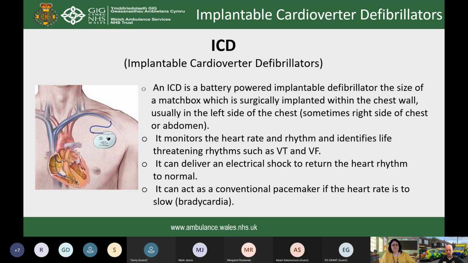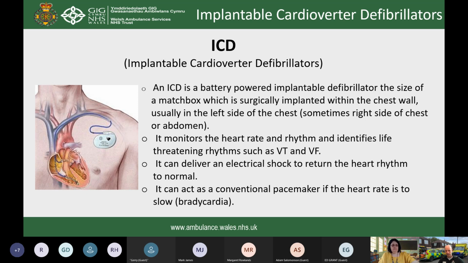But it looks out for the life-threatening arrhythmias, so VT or VF, when the atrial pacemaker has failed and the ventricle is pacemaking and going too quickly. When it goes too quickly, the heart can't fill with blood, so it's not pumping blood effectively. If it identifies that, it can deliver a small shock directly into the heart. So again, two types.